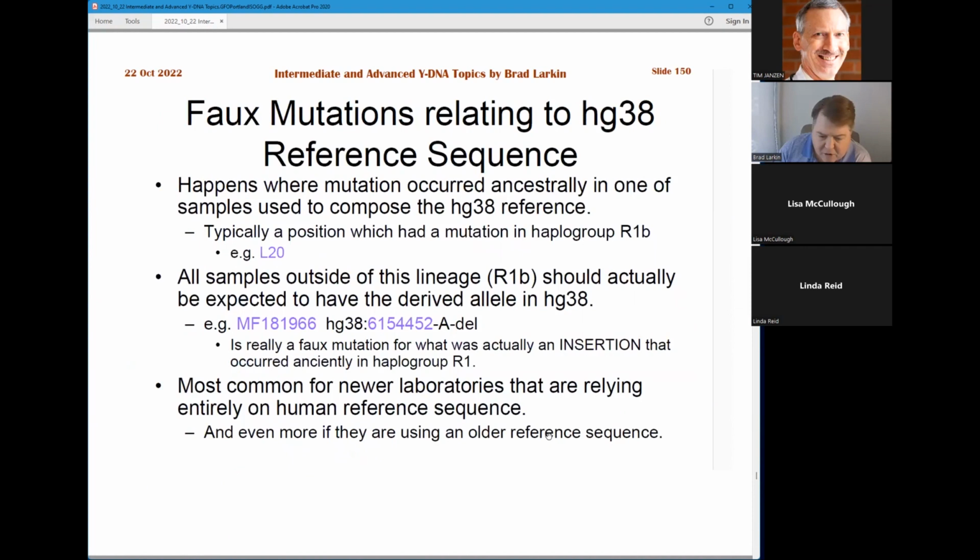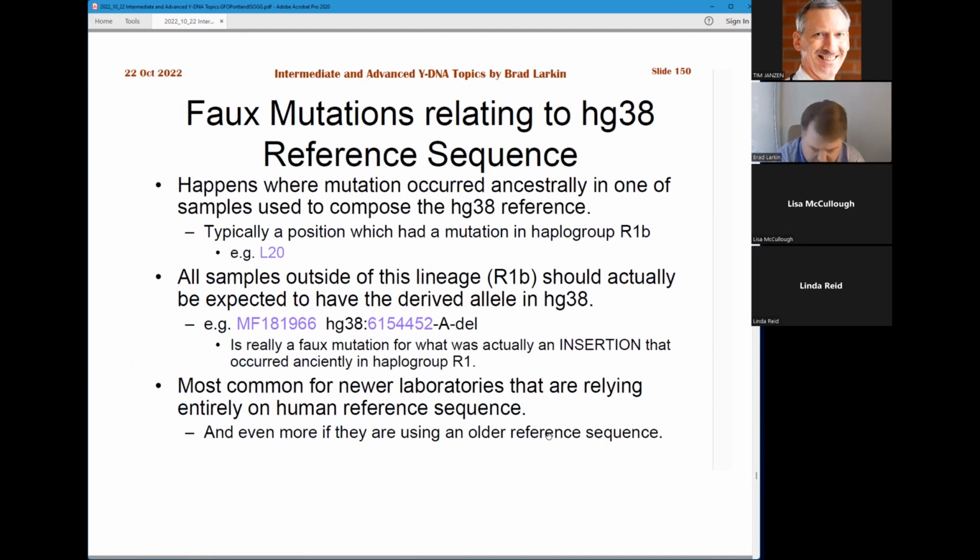Faux mutations relating to assembly 38 reference sequence. This happens when a mutation occurred ancestrally in one of the samples used to compose the assembly 38 reference. And the people that were used in that reference were part of haplogroup R1b, and specifically SNP L20's lineage.